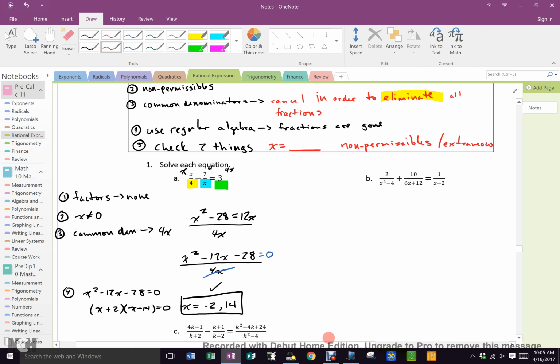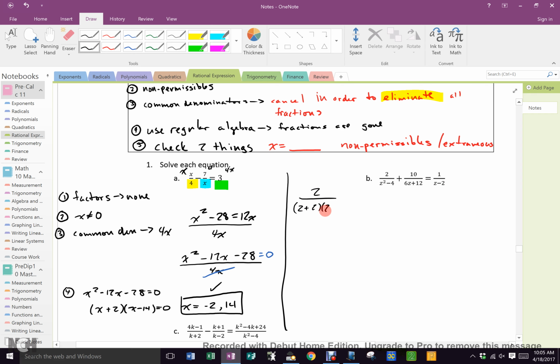That's all you do. Nothing changes except the terms get a little more complicated. So let's look at this first one right here. Is there any factoring to be done? There's 2 spots that can factor, yes? Where are they? 2, z plus 2.